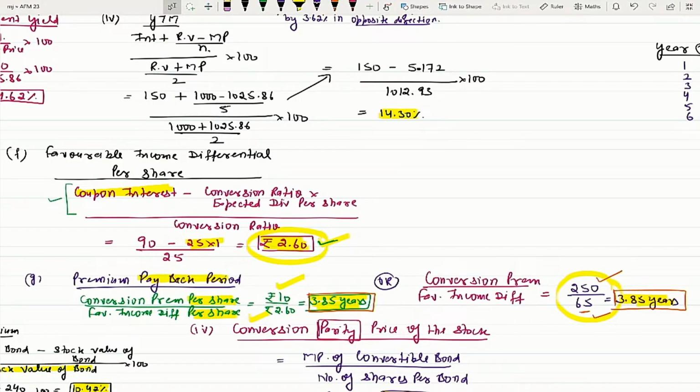Premium payback period can be calculated per share, or you can do it on totality. Done.